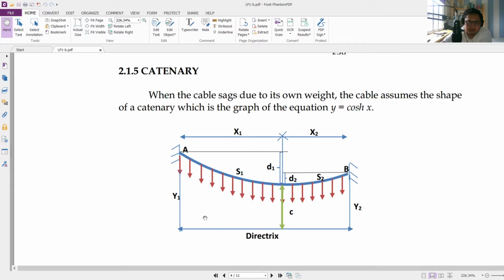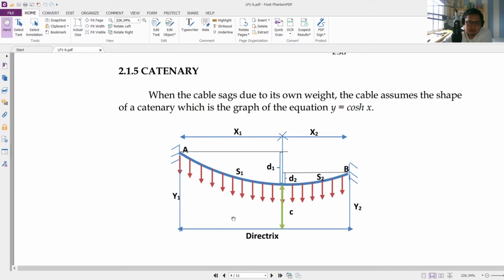There is a directrix because this follows the equation y equals hyperbolic cosine of x. So there is a directrix of this equation, if you recall from your analytic geometry. C is the distance from the directrix to the lowest point of the cable, which in analytic geometry is called the vertex.